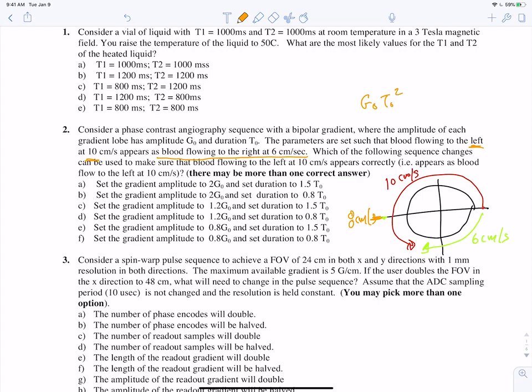Okay, so basically we want to increase the bank to what? Currently it is equal to 8 centimeters per second. What do we want to increase the bank to so the 10 centimeters per second will appear correct? What's the minimum we could set it equal to? 10, right?